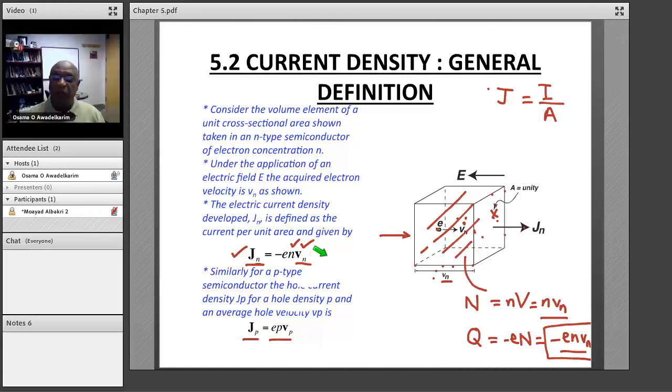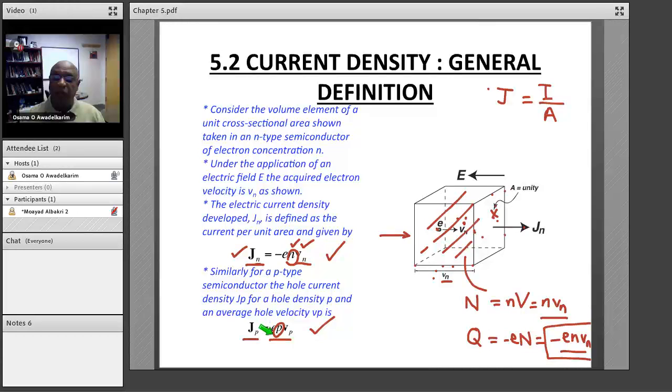So you can have electron current if you have only electrons coming to this box, or you can have hole current if you have only holes coming to this box. So the basic thing is you need the density of free electrons and the density of free holes.